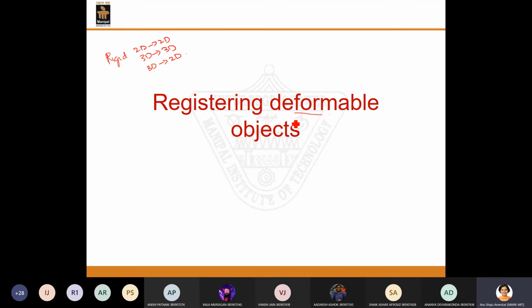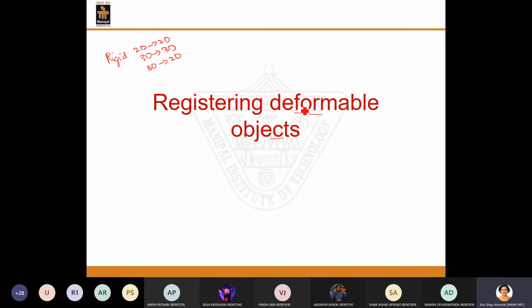So deformable objects means, if you remember from one of the first classes which I discussed, in rigid registration what we assume is that there is a pose consistency of the object, or the object has not changed its shape in all the multiple images that we are considering. But in the case of deformable objects, what you assume is that the object has deformed over a period of time.